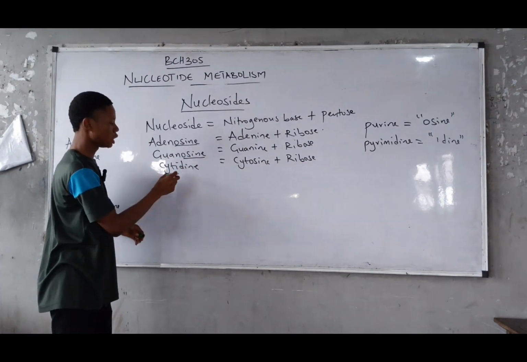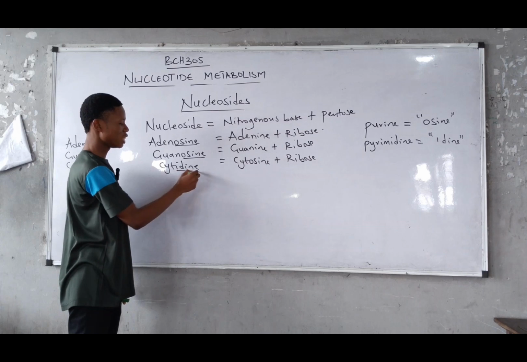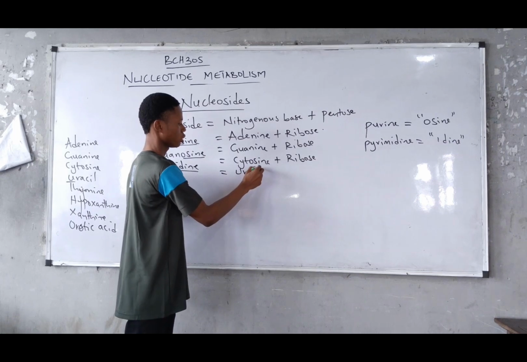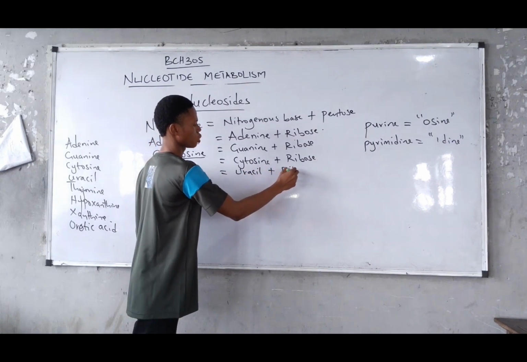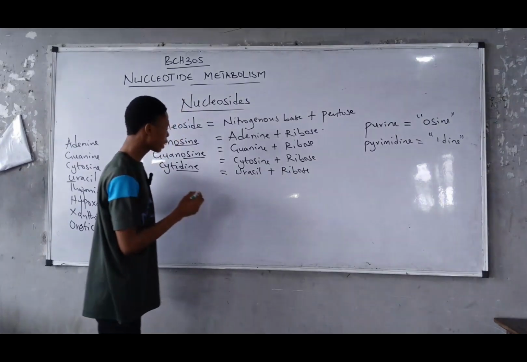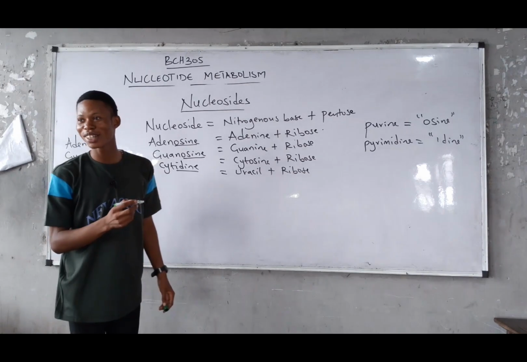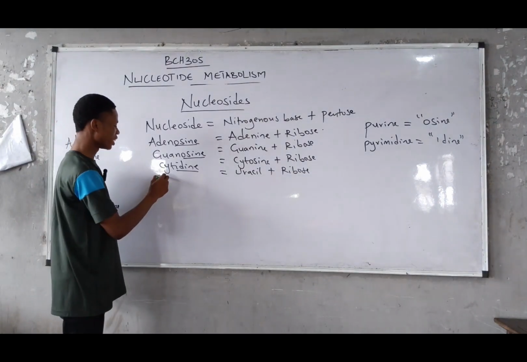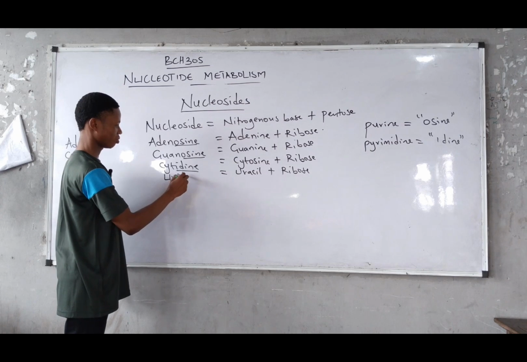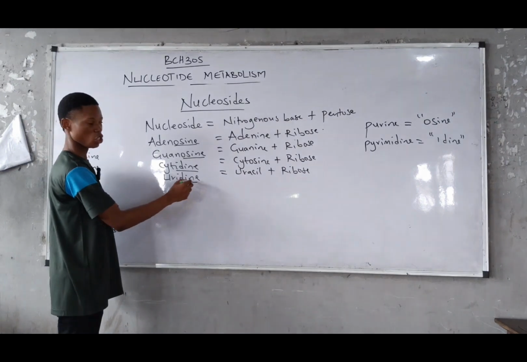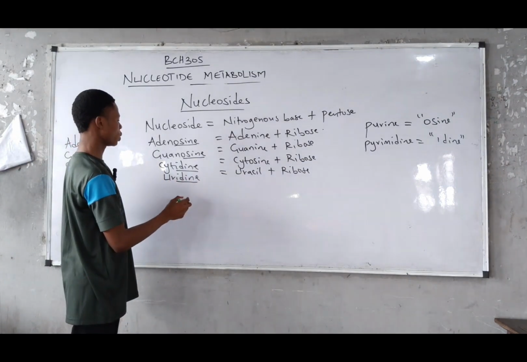But for the pyrimidines, it ends with idine. Now let's look at uracil. Uracil plus ribose will give us what? Uridine, right? So you see it's ending with idine. Uridine.